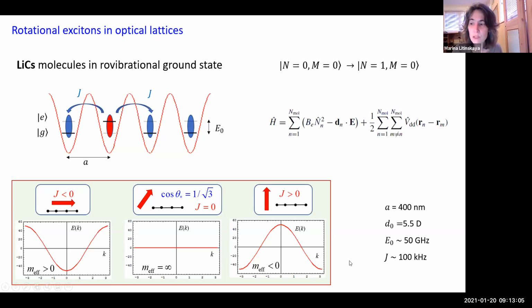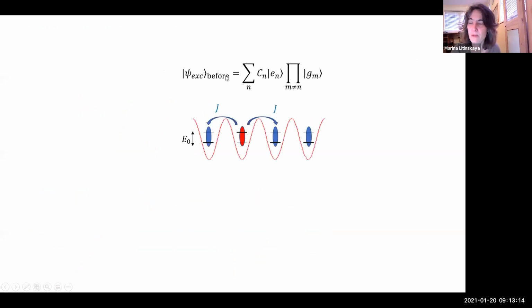And what we are going to do, so we have these excitations that are similar to solid state excitations. What can we do with them? So this is the excitonic wave function. If it is just a plane wave state, then these factors are the exponents with a wave vector. If it is an excitonic wave packet, they are just something else, right? We can create wave packets of excitons.